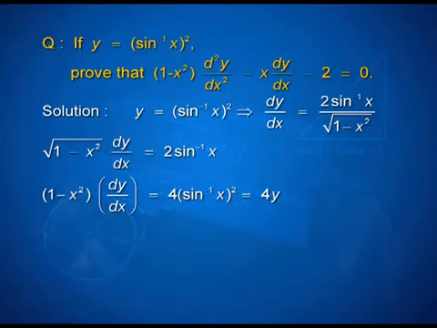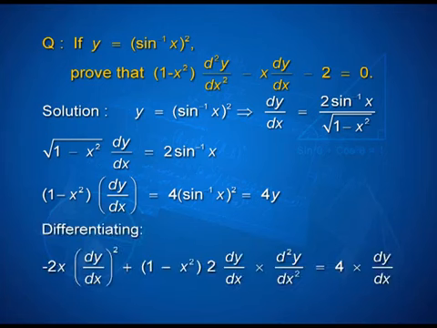Differentiating with respect to x on both the sides, and taking note that the derivative on the left side needs the product rule, the derivative of dy by dx will be d2y by dx square, and the derivative of the square of dy by dx will be 2 dy by dx into d2y by dx square using the chain rule.